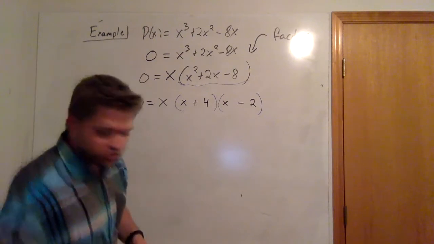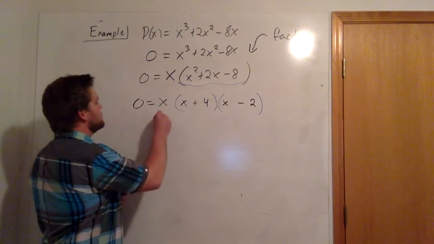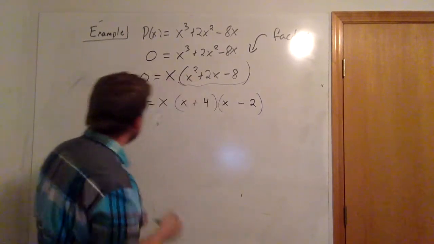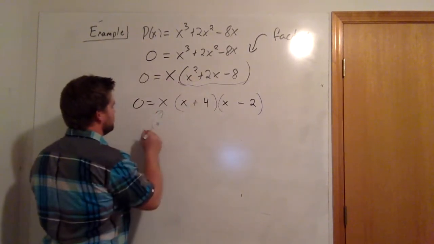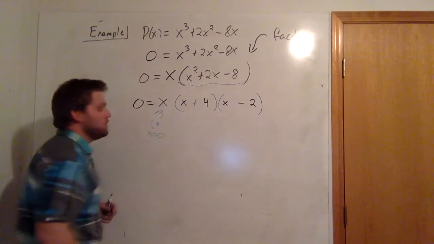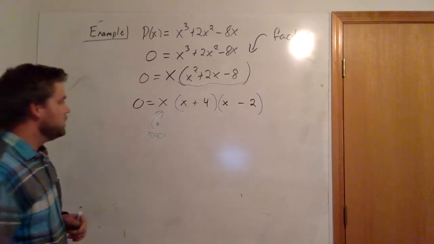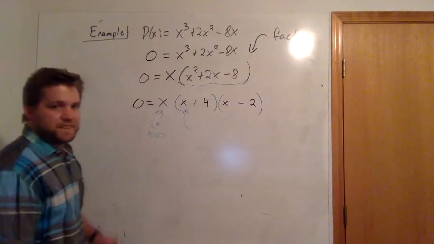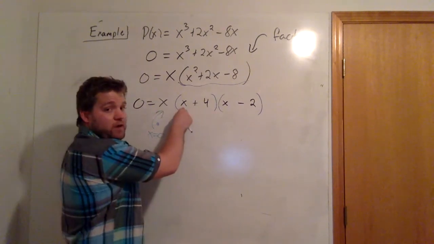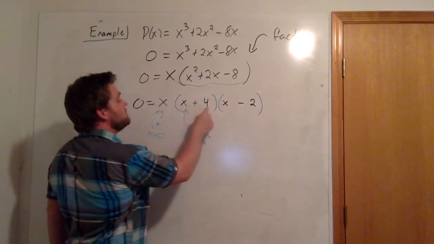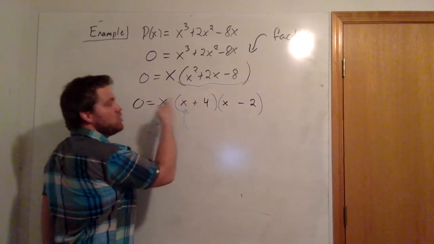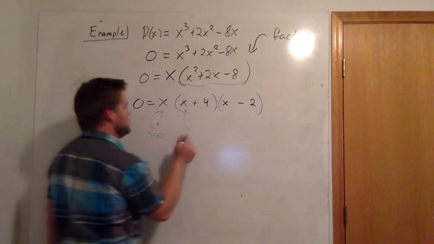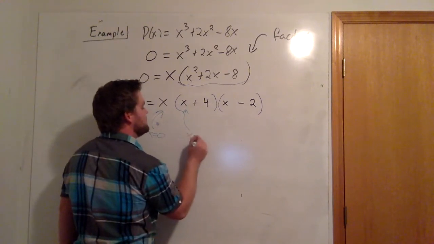So one of the solutions is x equals 0. Another solution here is, notice, if x was -4, I'd get -4 plus 4. This piece would zero out, which would zero everything out. So another solution would be x equals -4.